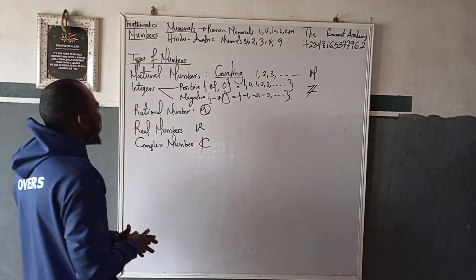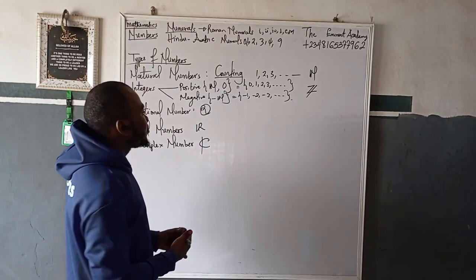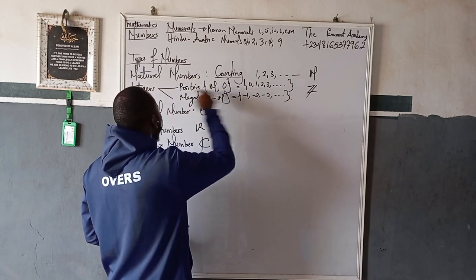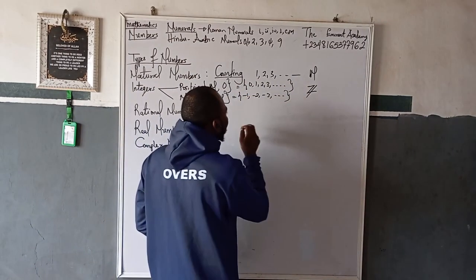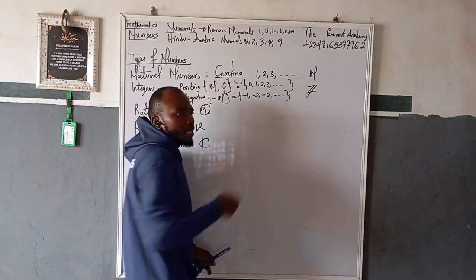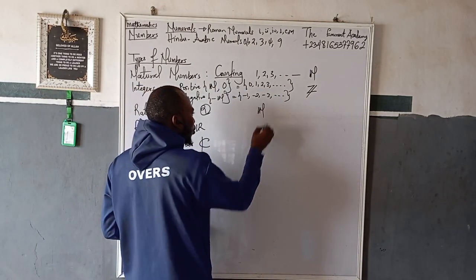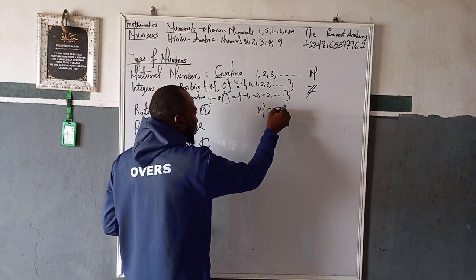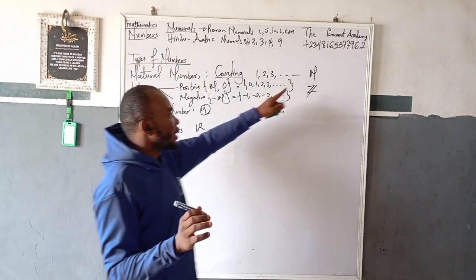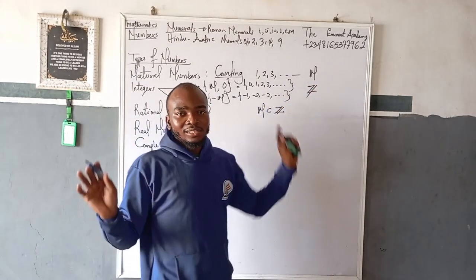As for natural numbers, we say natural numbers are counting numbers, which means that in relation to the integers, every number that is a natural number happens to be a type of integer. So any number that is a natural number will compulsorily be an integer, but not all integers are natural numbers.